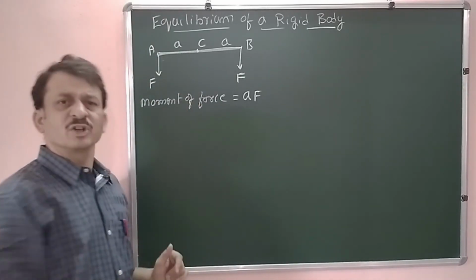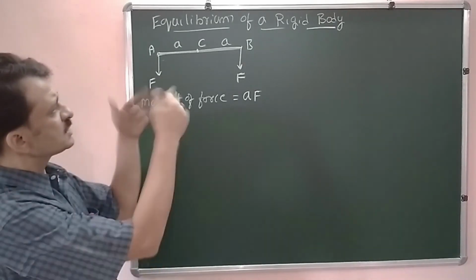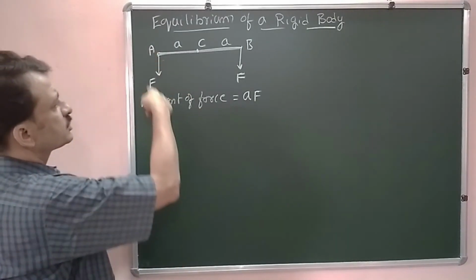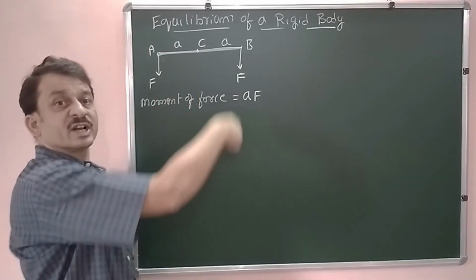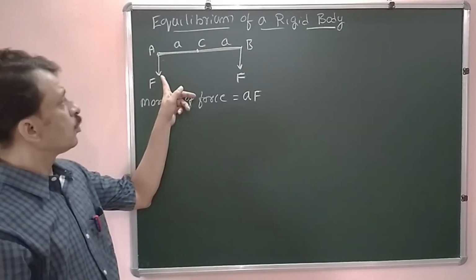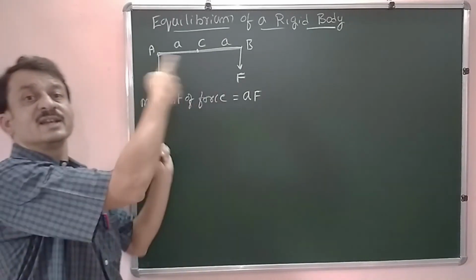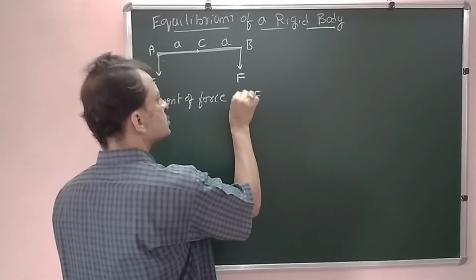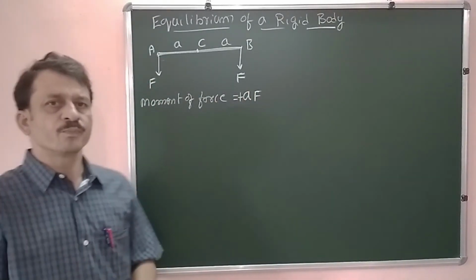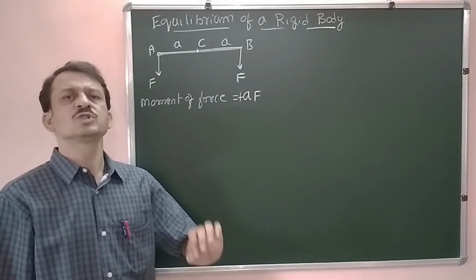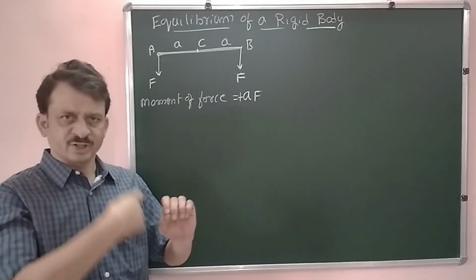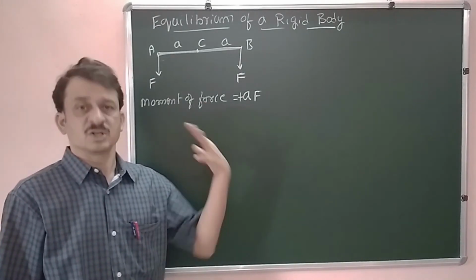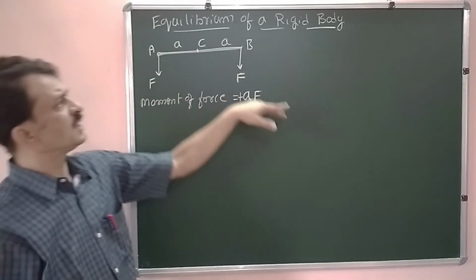That means it is going to produce a rotational effect. If the rod is left to rotate, assuming that there is no second force, the rod starts rotating in the anti-clockwise direction. So this force produces anti-clockwise rotation. Therefore, that moment of force is taken as positive. A force which produces anti-clockwise rotation in a rigid body, that torque or moment of force is taken as positive. Now consider the other side.